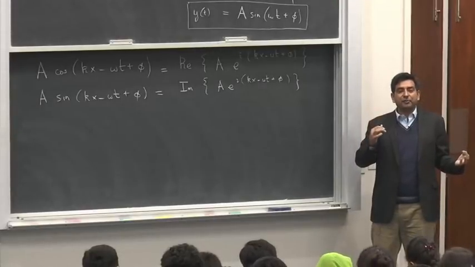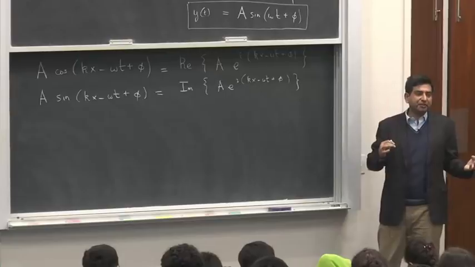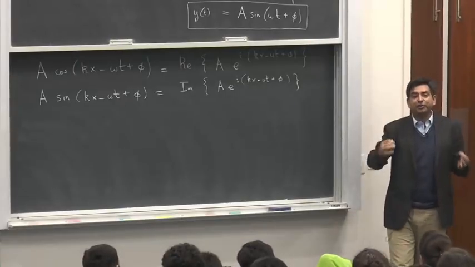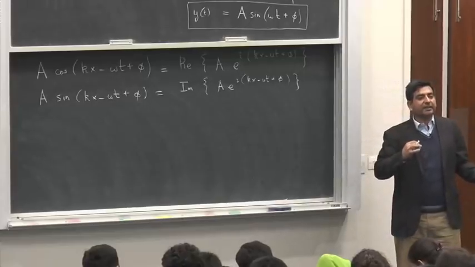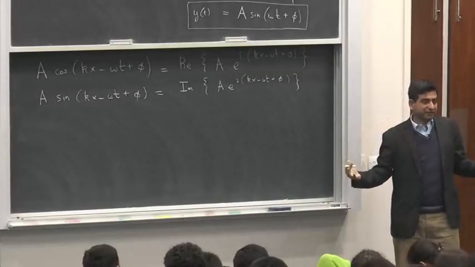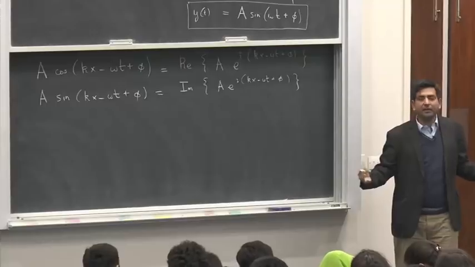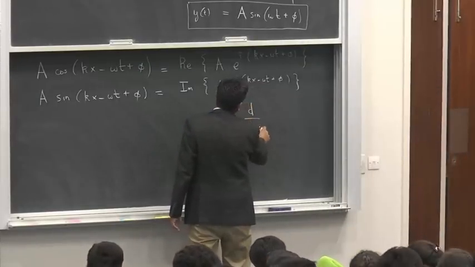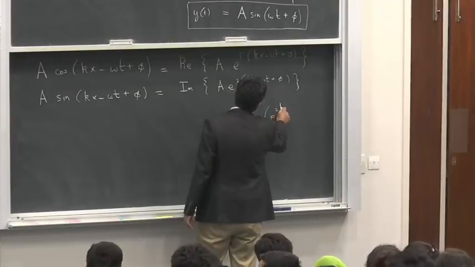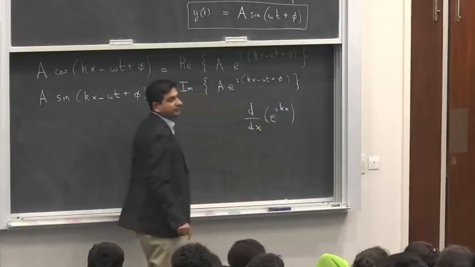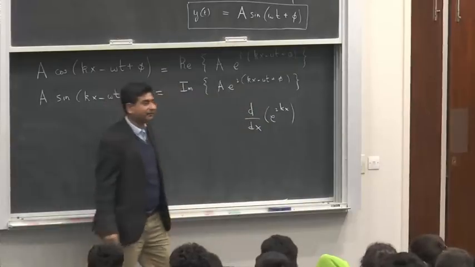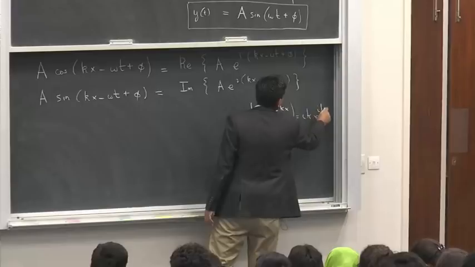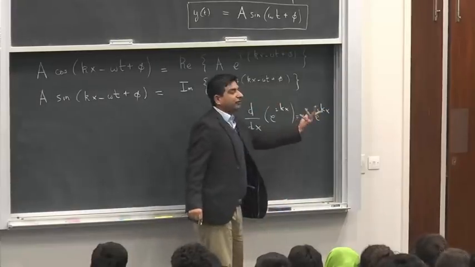We will learn about, have you learned differentiation and integration? It's very easy to differentiate and integrate exponential functions. Okay? For example, the derivative of e^(ikx) is the number itself with a factor of ik.